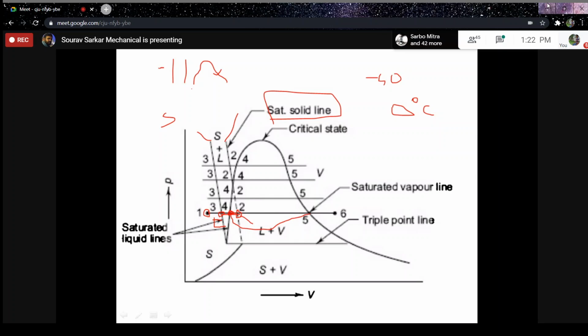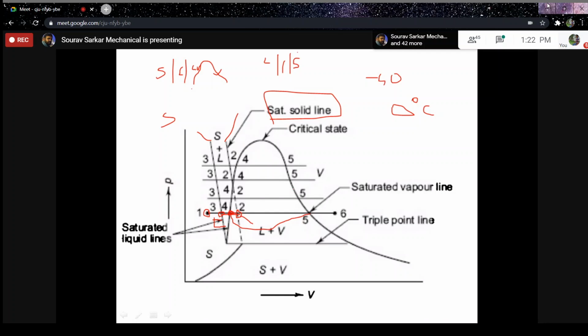So this is solid, this is liquid, and this is liquid which is about to vaporize. Here you will see the liquid line will come earlier. This is liquid, this is solid, and the liquid which is about to boil may come somewhere there.